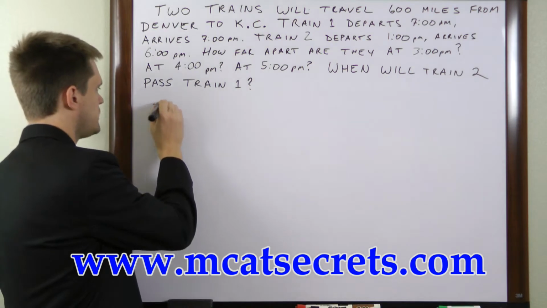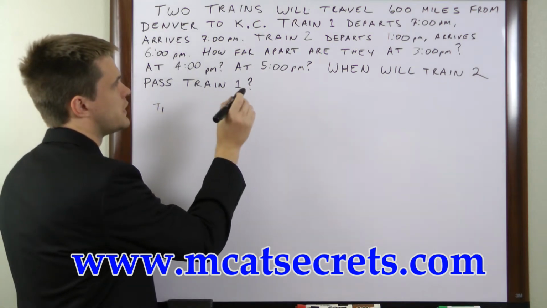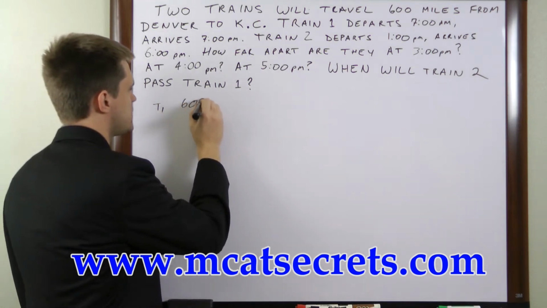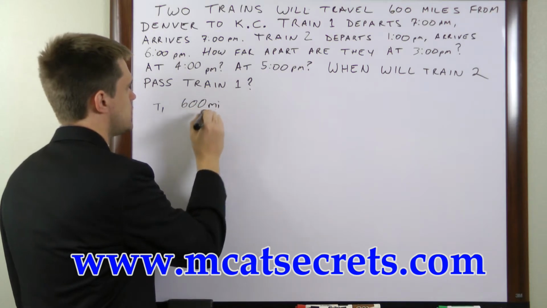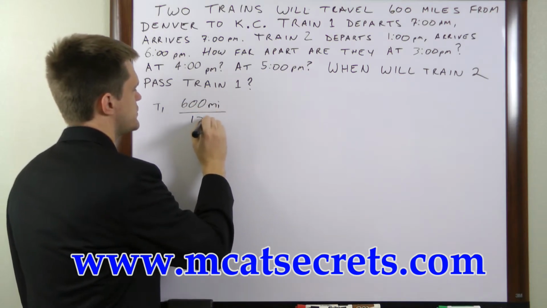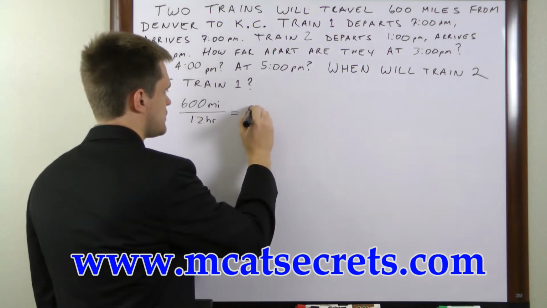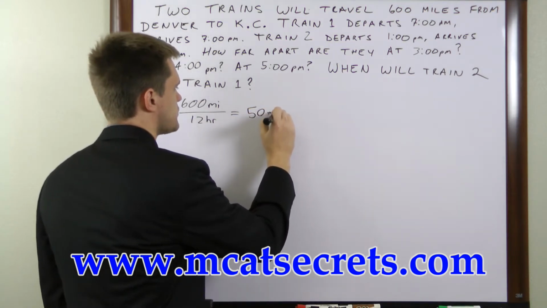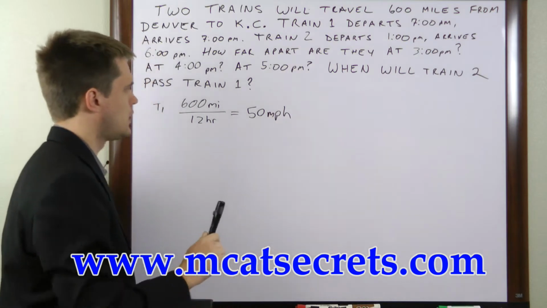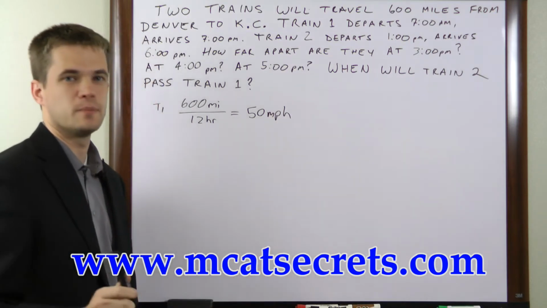So, for train 1, we know that it travels 600 miles in 12 hours, or it travels at 50 miles per hour. So that is train 1's speed.